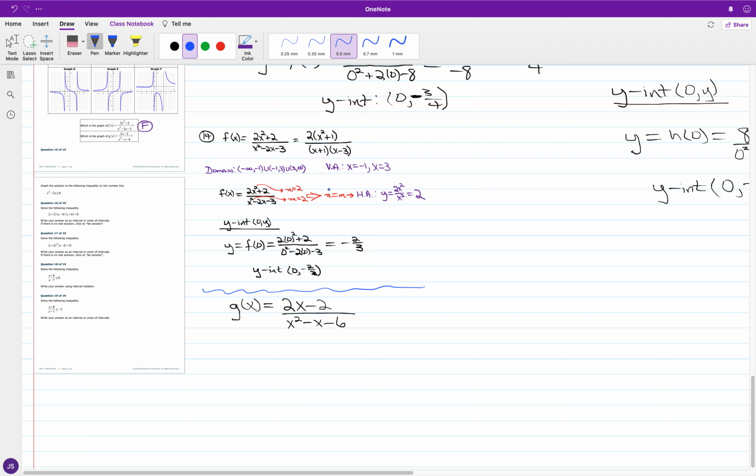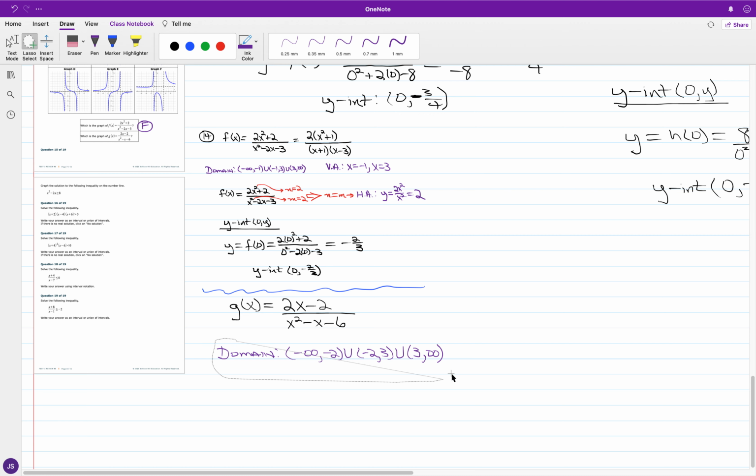For that particular part, I'm just going to go ahead and write the domain. Again, we'll have values of x less than negative 2, along with those values between negative 2 and 3, but not including negative 2 or 3. Then we have those values of x greater than 3.